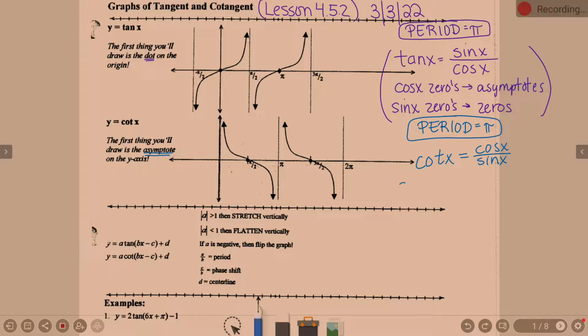So this time I can say sine zeros are going to equal asymptotes, and cosine zeros are just going to be zeros for cotangent.